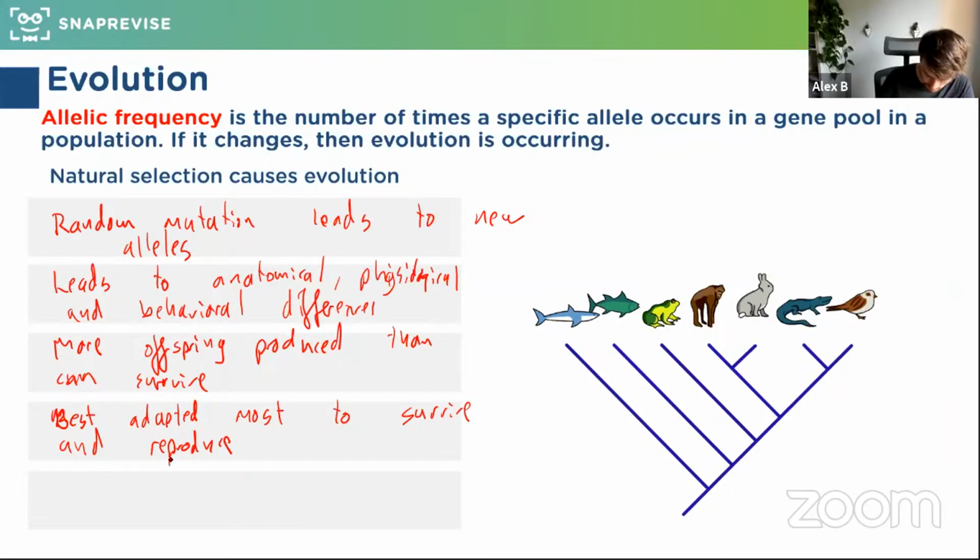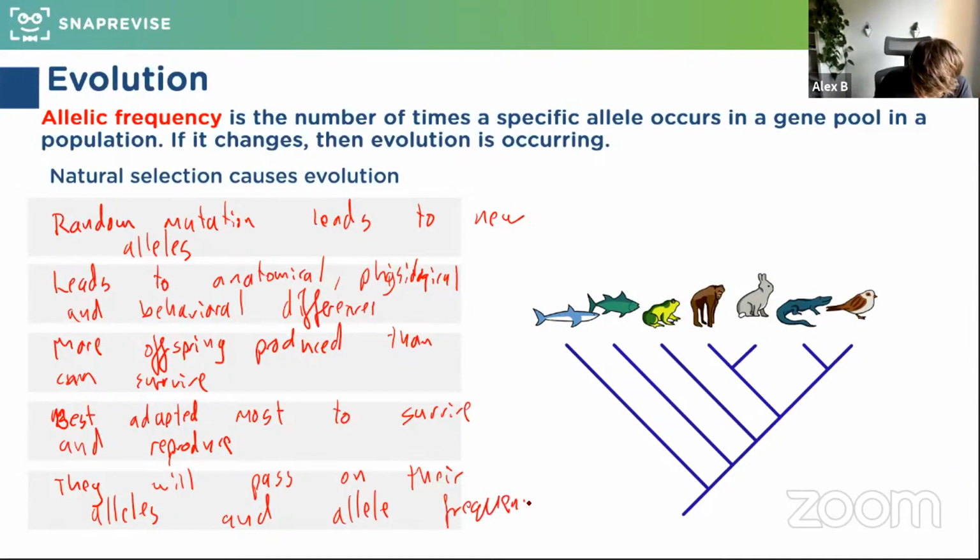So they will pass on their alleles and the population will change over time.